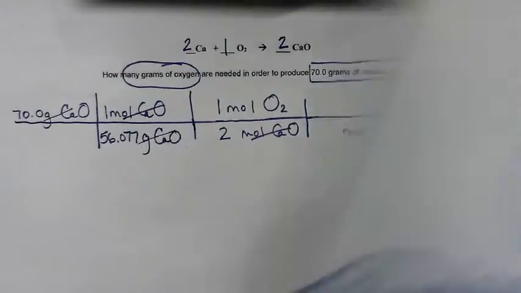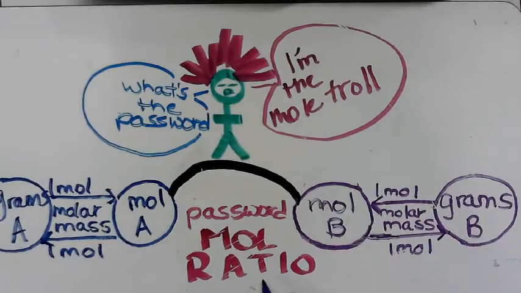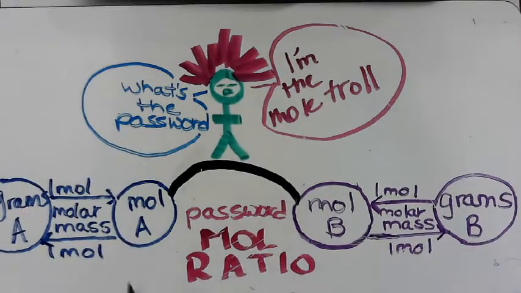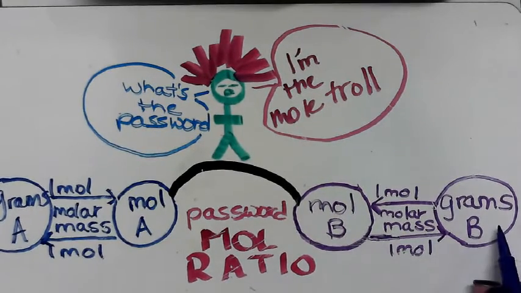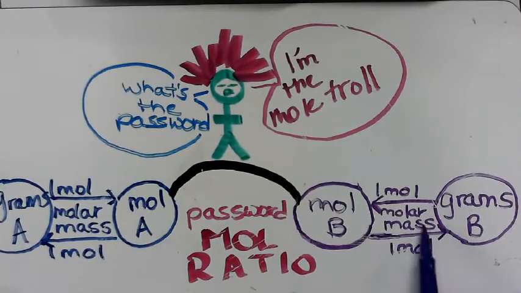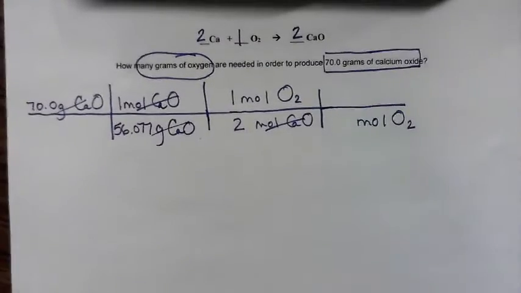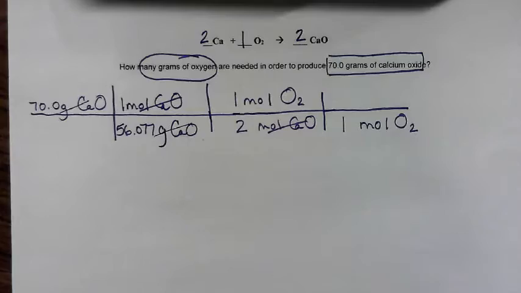Okay, and go back to my mole map. So across the bridge, I gave the mole ratio. So I passed over the bridge. I've got moles of oxygen, and now I need grams of oxygen. Well, it's a map, so you follow the directions. The arrow's pointing that way. So it looks like I'm going to put the molar mass over 1 mole. So I put the molar mass of oxygen over 1 mole of oxygen.